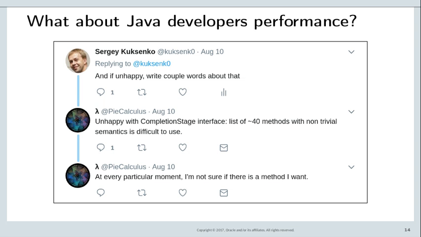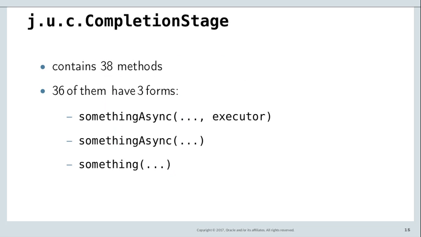That is why I decided to spend a little bit of this presentation not talking about performance of CompletableFuture and performance of our programs, our libraries, but to talk about developers' performance.